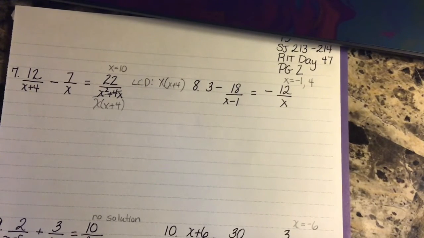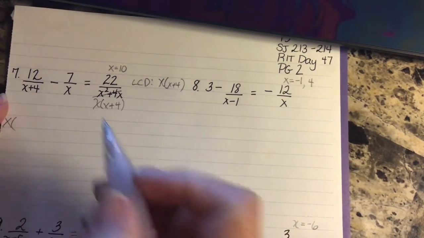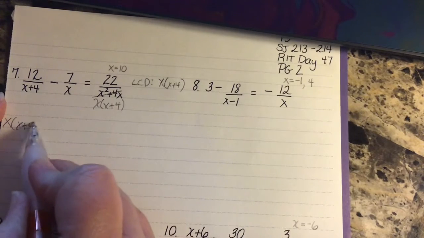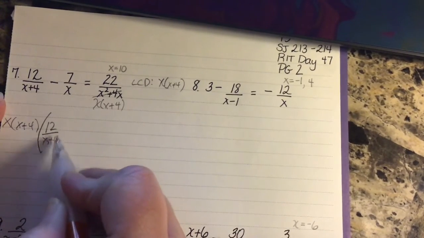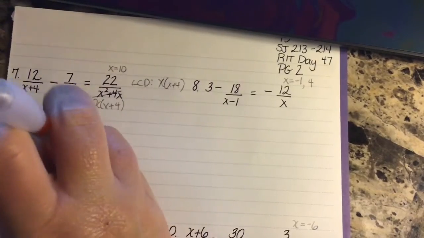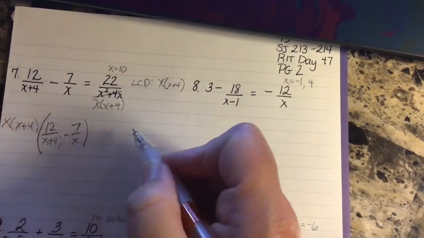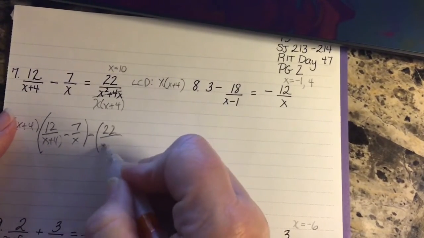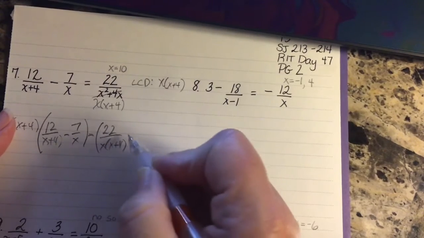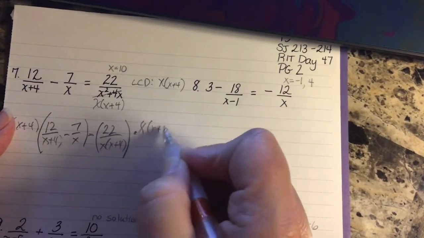So now I'm going to multiply both sides by the least common denominator. x times x plus 4 is going to be multiplied by 12 over x plus 4, I need a parenthesis there, minus 7 over x. And then 22 over x times x plus 4 is going to be multiplied by x times x plus 4.